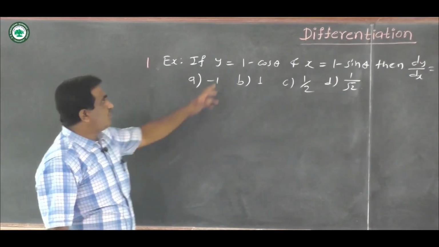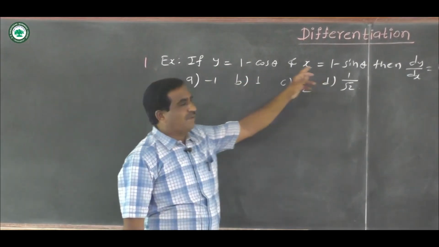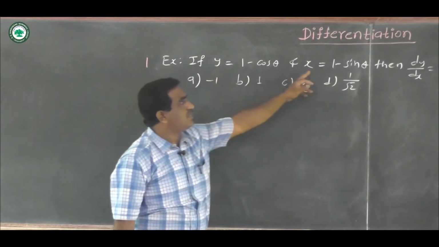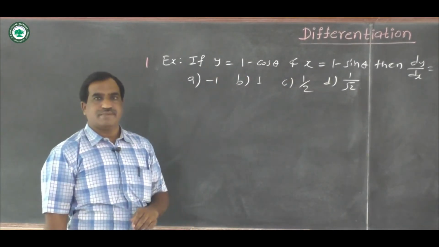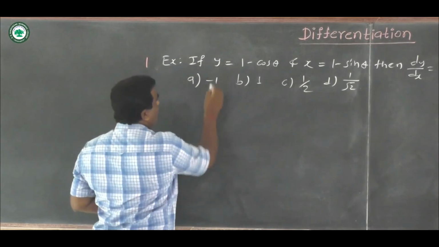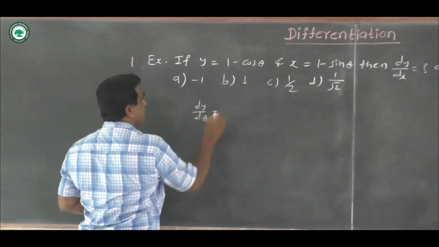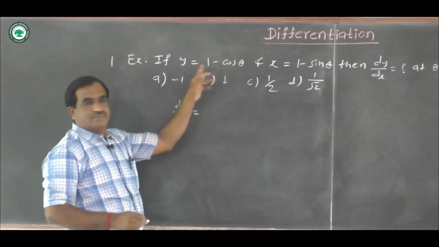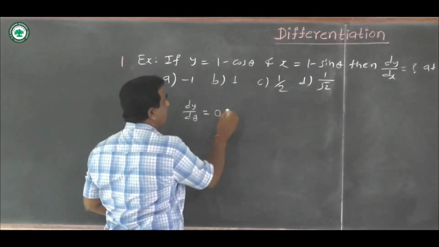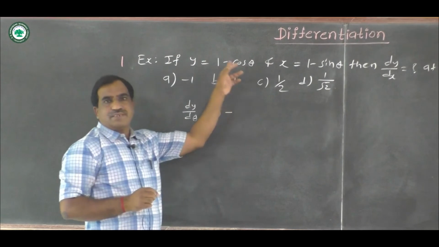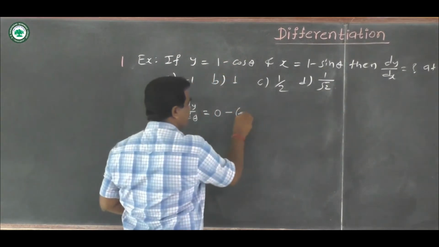For that purpose, we consider the given equations and find the derivatives of these two equations with respect to theta. Therefore, the derivative of y with respect to theta, dy by d theta, is equal to the derivative of 1, which is 0, minus the derivative of cos theta, which is minus sin theta.